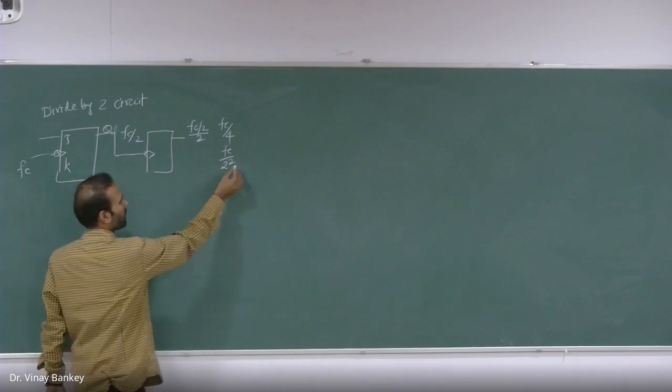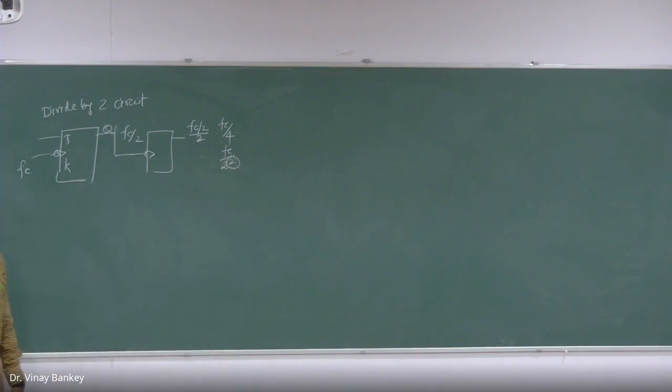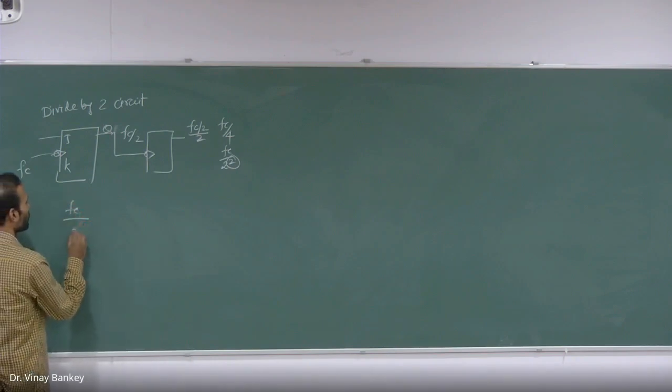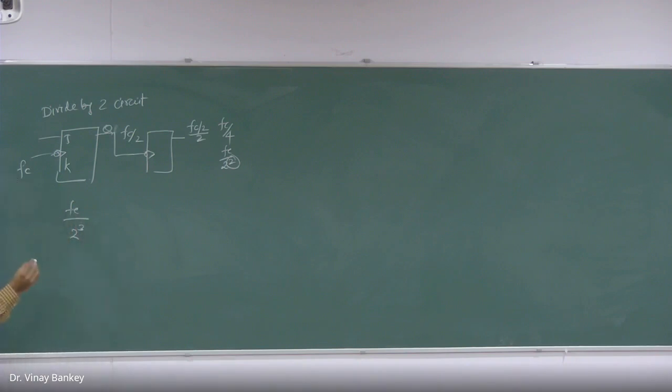And 2 here is the number of flip-flops, isn't it? So if a question comes, there are 3 flip-flops in the counter and the counter is counting upwards, a 3-bit up counter, what will be the frequency at the output of the last one? fc by 2 to the power 3.